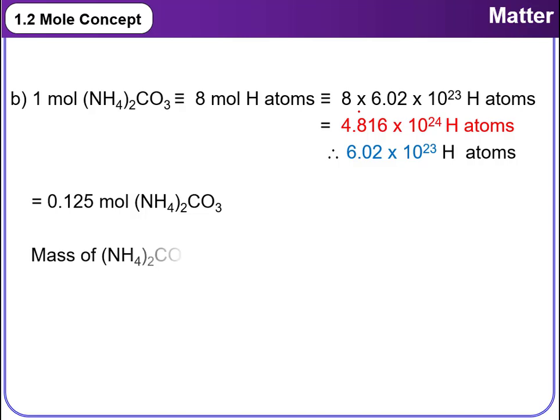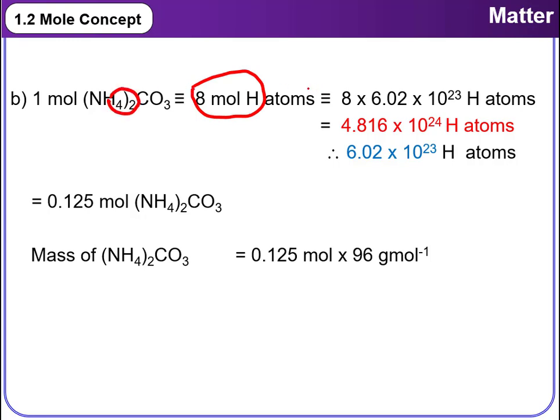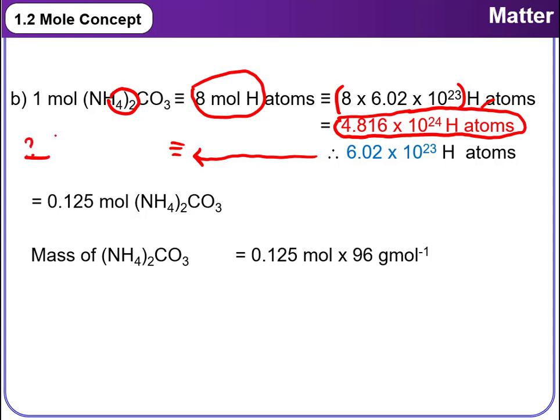We know that 1 mole of ammonium carbonate contains 8 mole of H atoms, 4 times 2, right? This is equivalent to 8 times the Avogadro number in order to get that number of H atoms. If you have 6.02 times 10 to the power of 23 H atoms, it will be equivalent to how many mole of ammonium carbonate?